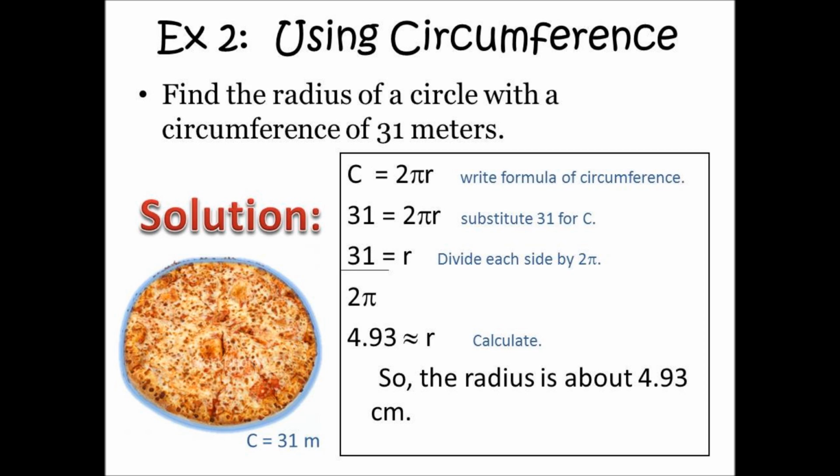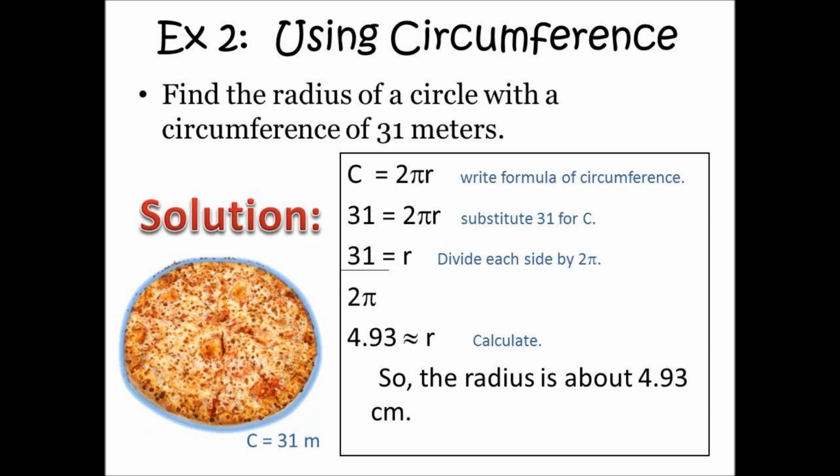Example 2, using circumference. Find the radius of a circle with a circumference of 31 meters. So in this problem, you're going to be working backwards. First, you'll want to write the formula for circumference, which is 2 pi r, or pi d. But since you're trying to find the radius, you'll want to use 2 pi r.